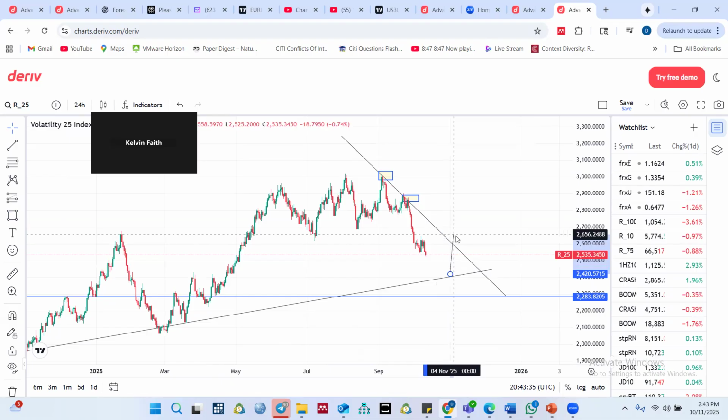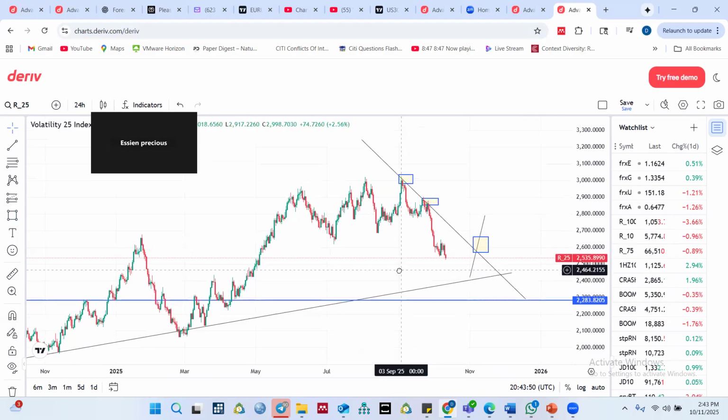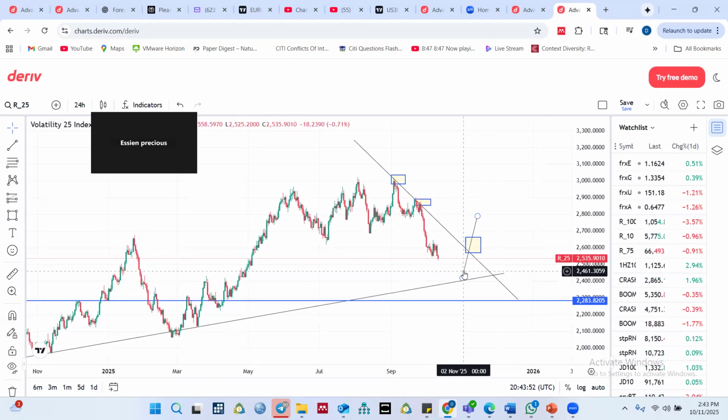But what will happen if this breaks? If we break here? Tell me, guys, what will happen if we break? Come back and retest it and then buy. Yeah.